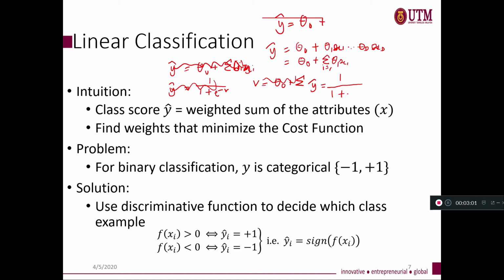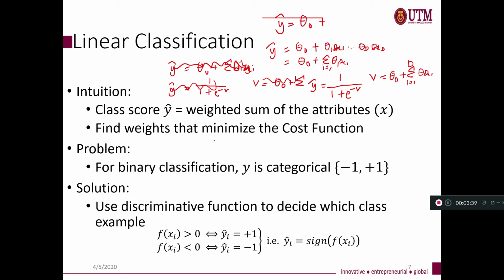The sigmoid function of v, so y is equal to 1 over 1 plus exponent to the power of negative v, where v is the same linear equation as before: theta naught plus the summation of theta i xi, i equal to 1 up until d. So that is the equation. This is what I mean by cascading.